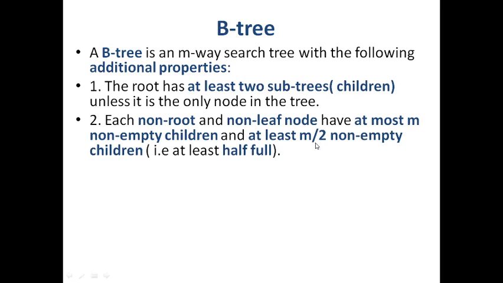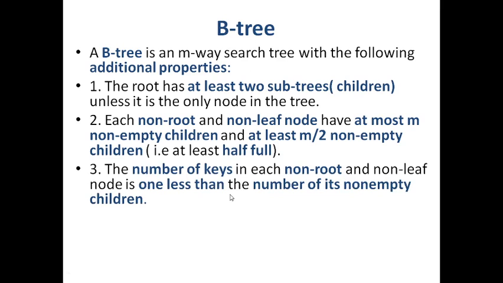So for an M-way tree, only the maximum is set at m. You can have a maximum of m children for a node. But for a B tree, in addition to that restriction, the minimum is fixed to be at least m by 2 non-empty children, and as a result it becomes half full. So this is the second additional condition to be imposed for the B tree.